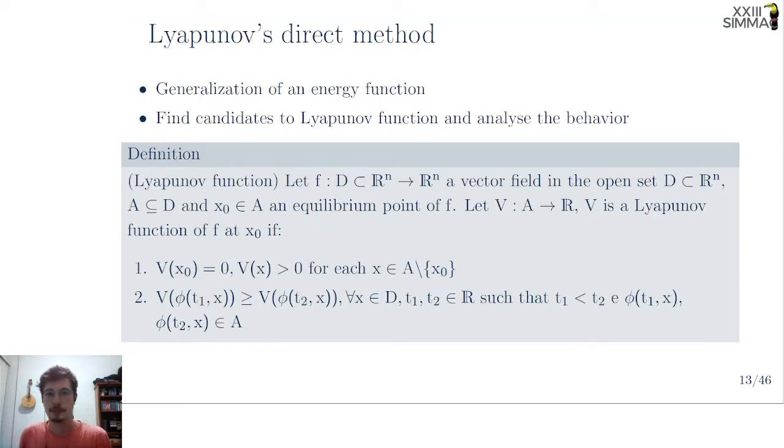Lyapunov's direct method is the generalization of an energy function, and the idea is to find candidates to Lyapunov function and then analyze the behavior. A Lyapunov function considers a vector field and an equilibrium point with A being a neighborhood of this equilibrium point, and V is a Lyapunov function if applied to the equilibrium point is equal to 0 and positive in a neighborhood of this point, and if it is a non-increasing function.